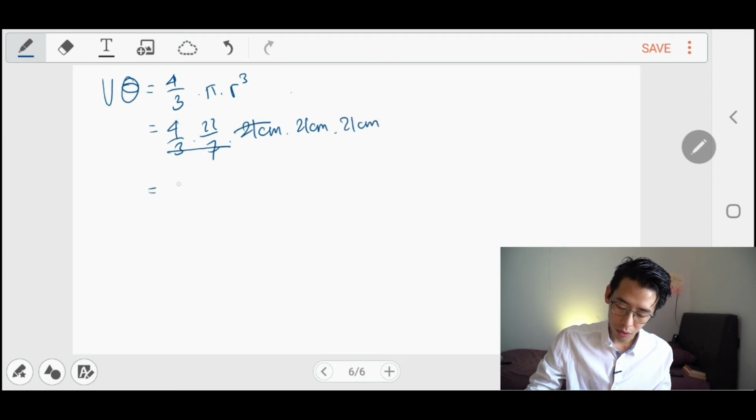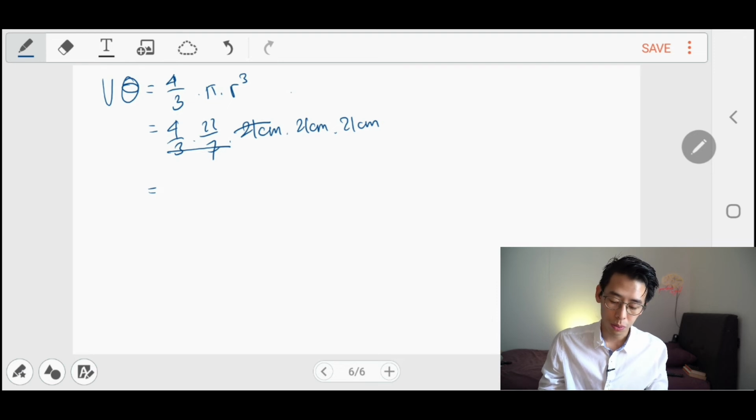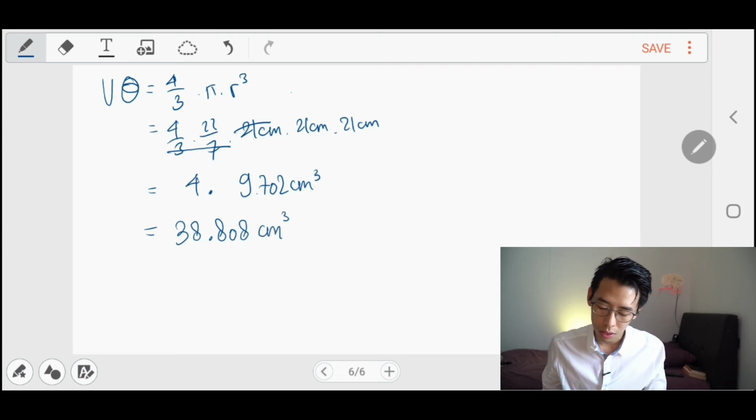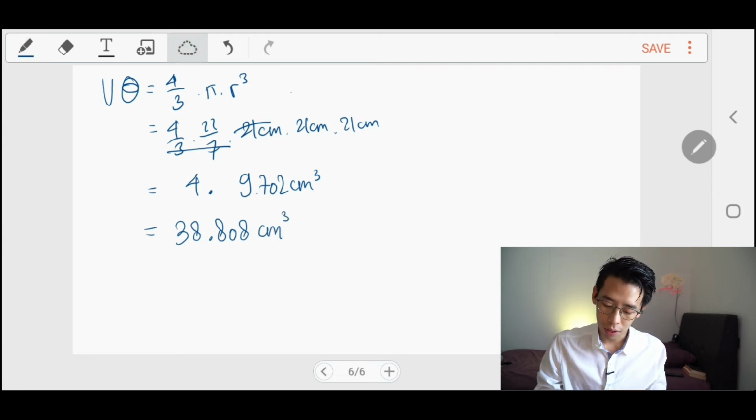So you get over here 22 times 21 times 21 is 9702 centimeter cubed times 4. Using this calculation, you are going to get 38,808 centimeter cubed. So this is the volume of a sphere.